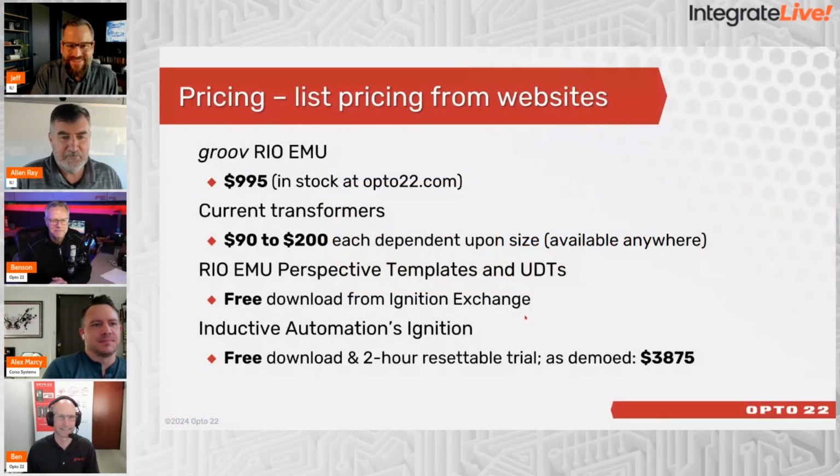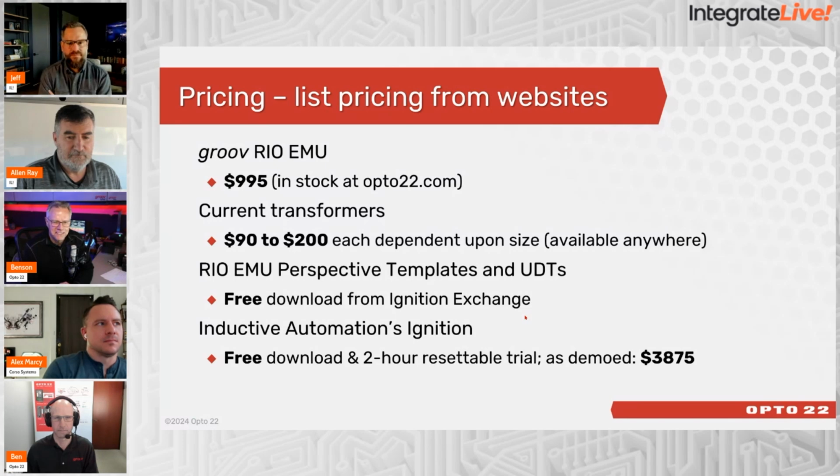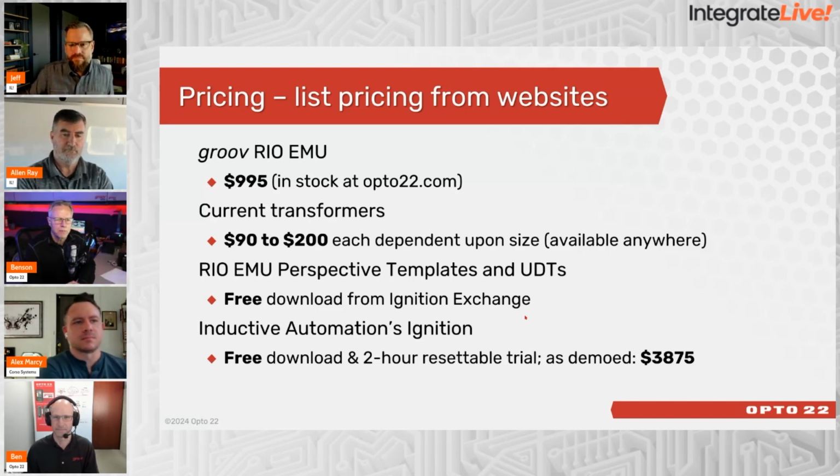There's the pricing. So yes, the groov RIO EMU is $995 at list price, and it is in stock, as most of our gear is. Current transformers vary based on the load size. We've seen them even cheaper than $90, but in general, $90 to a couple hundred for your CTs.